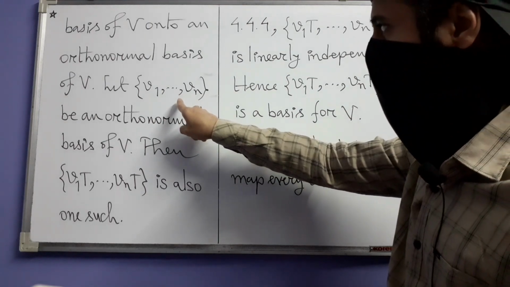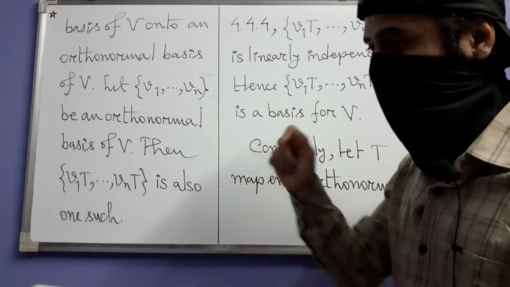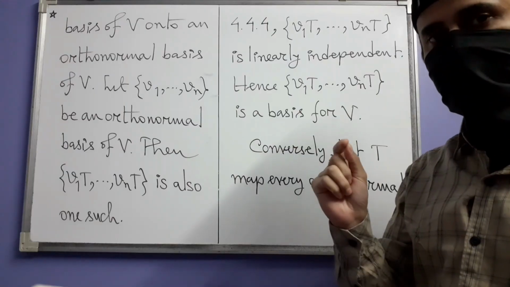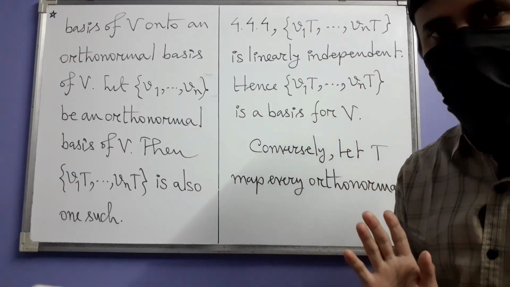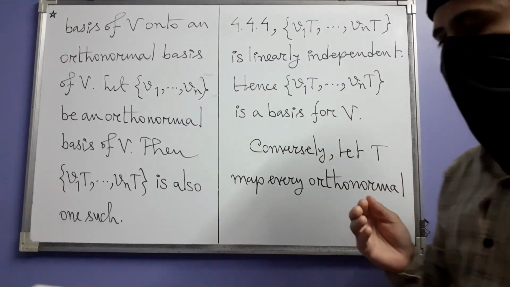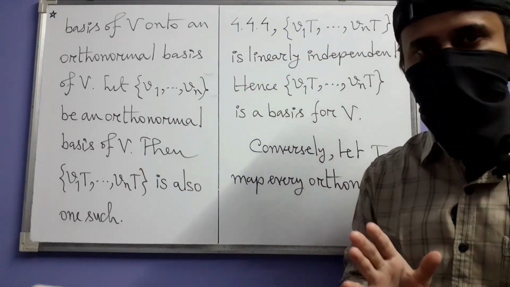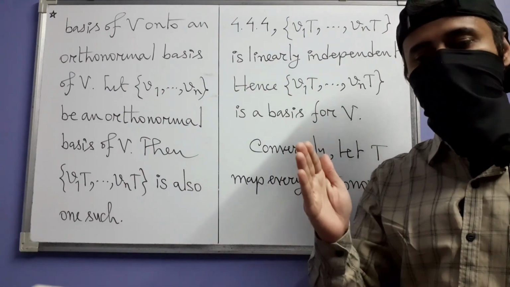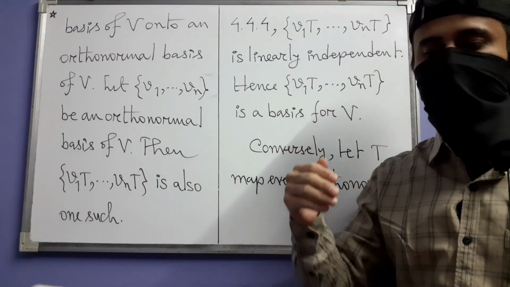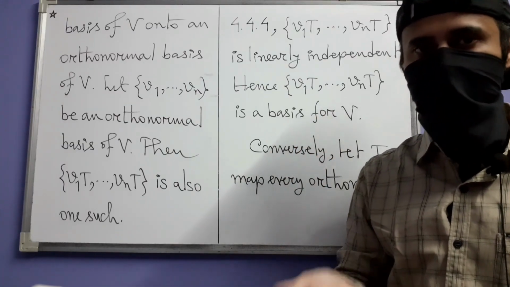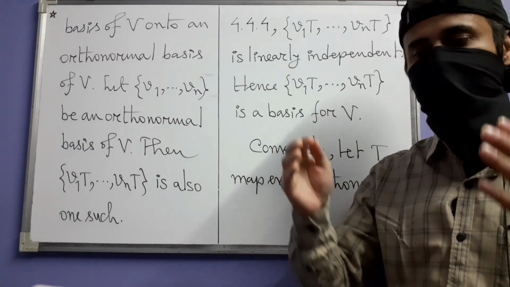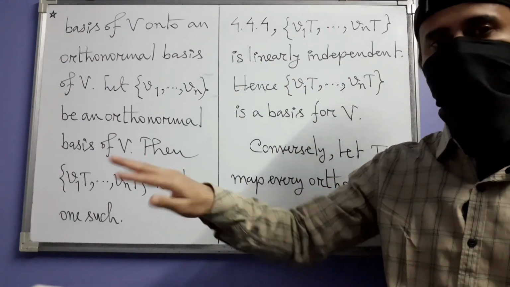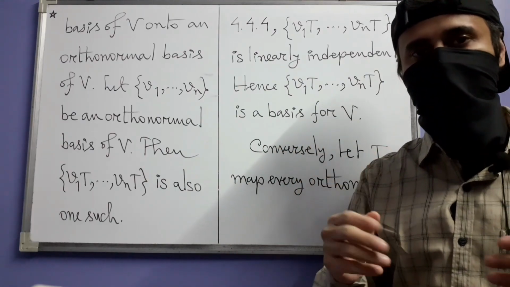And what guarantees that V actually has an orthonormal basis? Well, that already is known from the theory of inner product spaces, that if you have a finite dimensional inner product space, then it has an orthonormal basis. You start with an ordinary basis, then you apply the Gram-Schmidt orthonormalization process to it, and then gradually you bring in new vectors, you weed out some vectors, and finally you get an orthonormal basis.